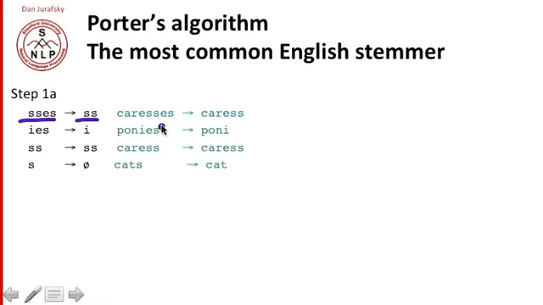So in a word like caresses, it chops off the ES of caresses. Or a rule that takes IES to I chops off the IES of ponies and leaves poni. We're going to use poni with an I as a representation in Porter stemming of pony. And the rules operate in order so that at this point, if there's any SS's left, they stay as an SS, but any other S's get deleted at this point. So the S of cats is deleted while the SS of caress is kept.